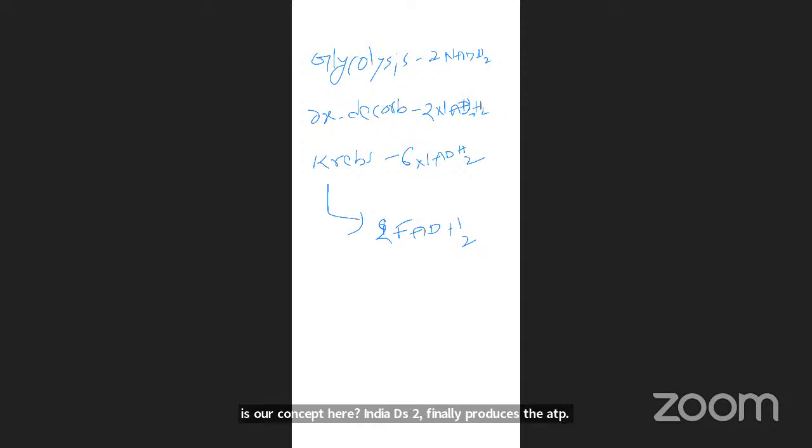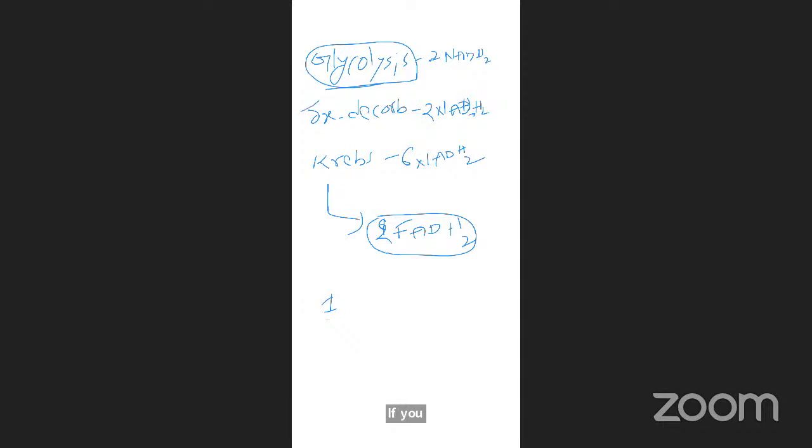Remember, except in glycolysis, in oxidative decarboxylation and the Krebs cycle, if one NADH2 undergoes oxidation, 3 ATPs are formed from that one NADH2. Remember, the NADH2 of glycolysis is different. Let me complete first.